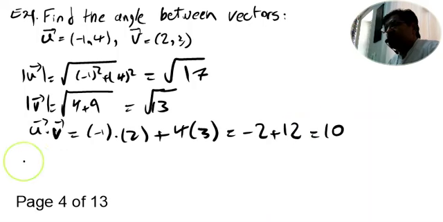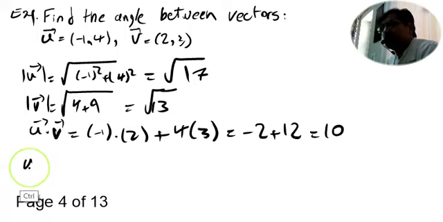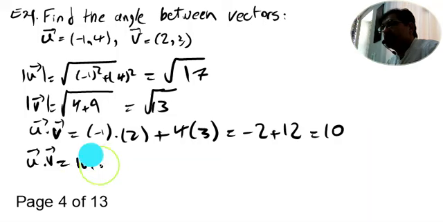Okay, we have U dot V, inner product of U and V, equals norm of U, norm of V, and cosine of theta.